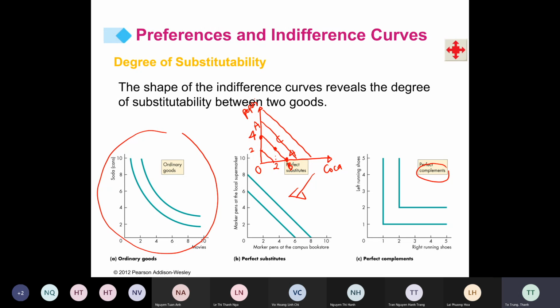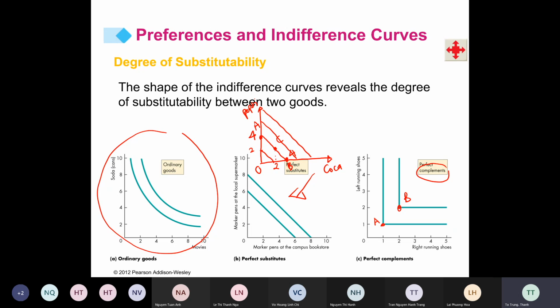So I suppose that I buy one pair of shoes and I get point A. Point A gives me one specific level of satisfaction or level of utility. I have to find another point that gives me the same level of satisfaction as point A. So, two right shoes and two left shoes?